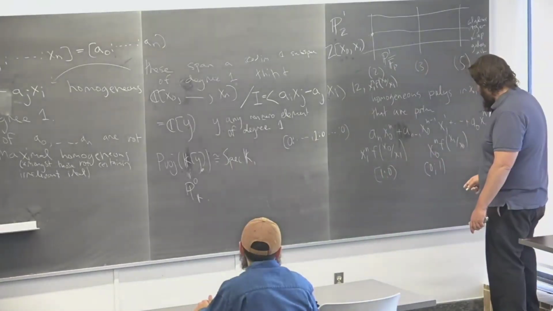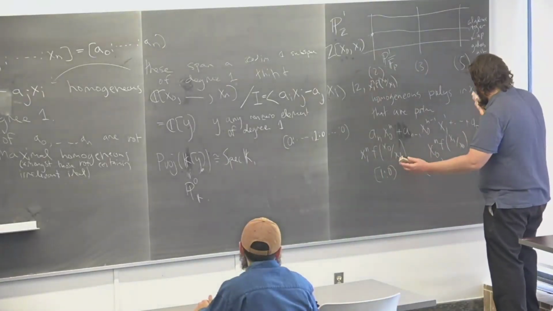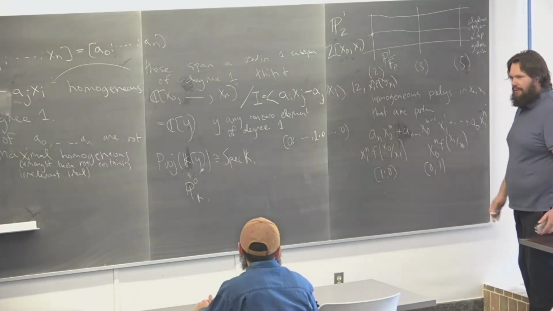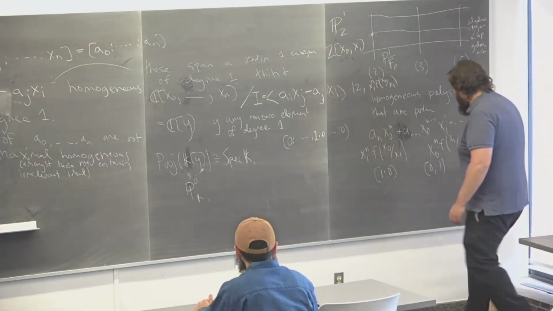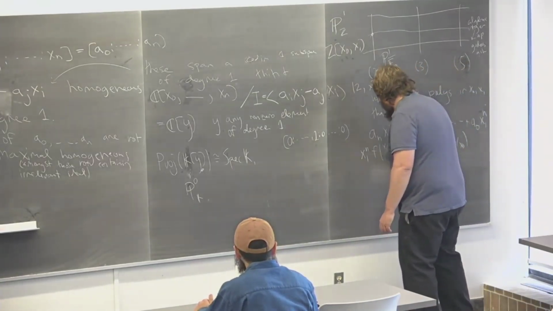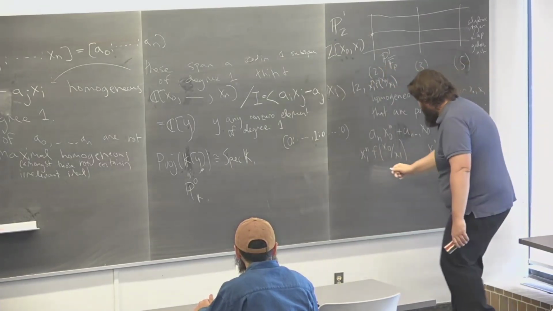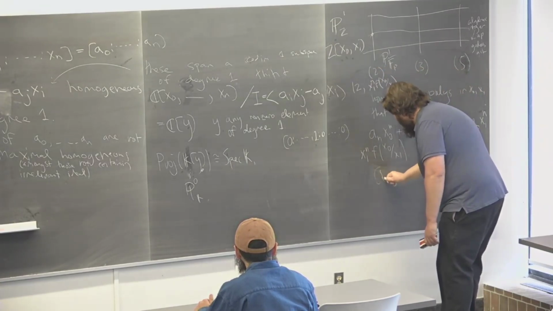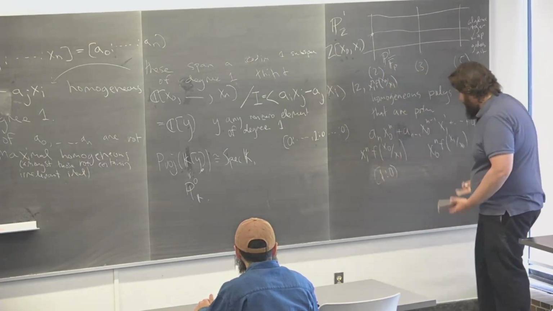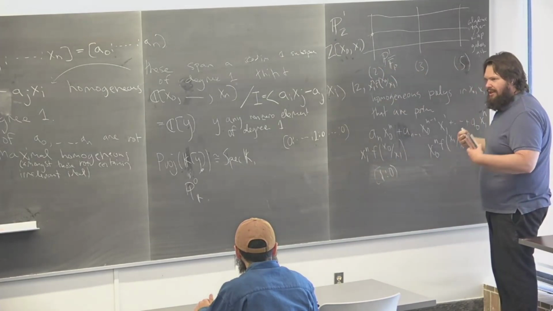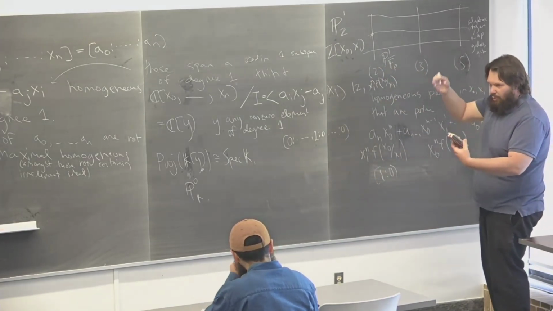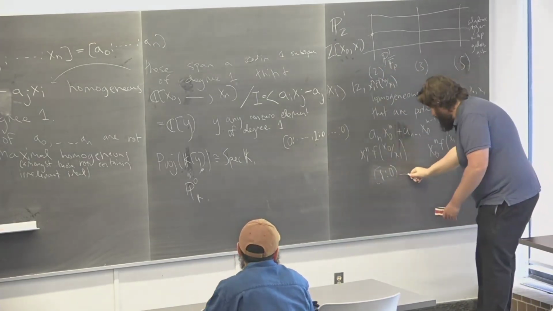Like which one corresponds to which one? Sorry, I didn't think carefully about that. The point (1, 0) corresponds to the ideal where x1 is 0.